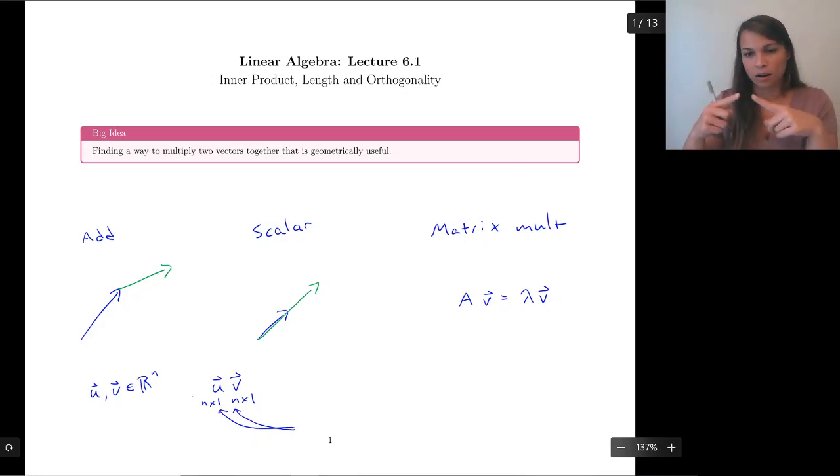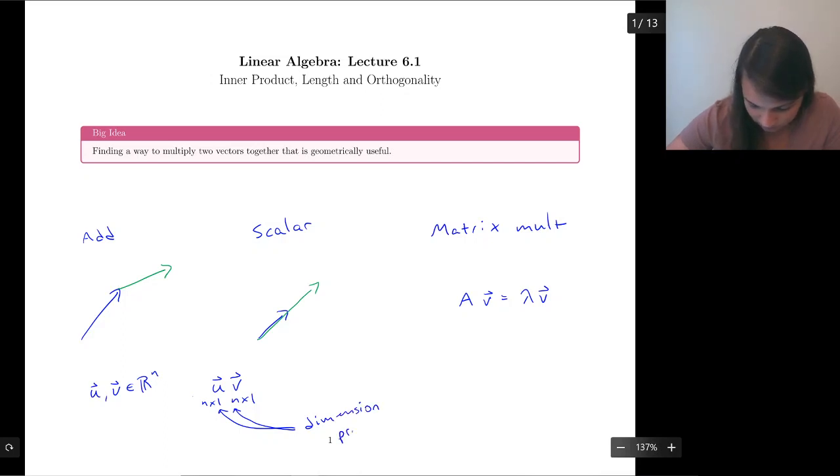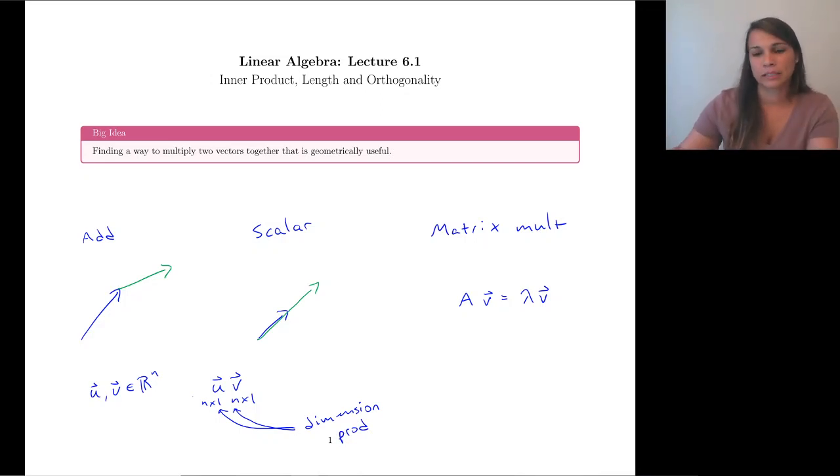But remember, when you're multiplying two matrices, which vectors are, those inner dimensions need to match. And here they do not. So we're not really multiplying vectors together, but we're going to say math's kind of all made up, and so we're going to do it anyway.